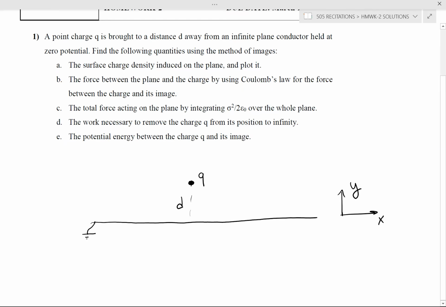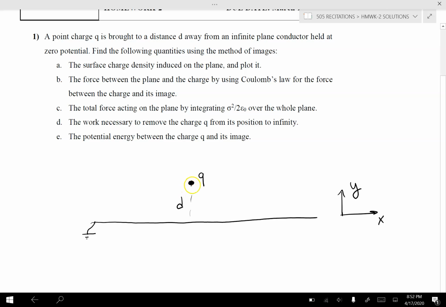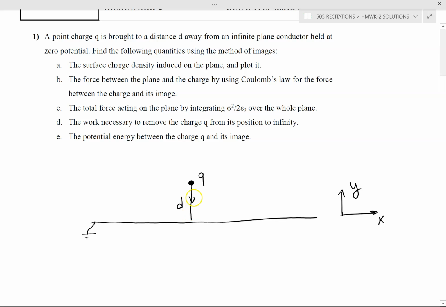In order to solve this problem, let me quickly draw a couple of E field lines. The important thing to realize here is that whenever I am on the surface of this conductor, I need to have the E field just perpendicular to the surface, right? Okay.